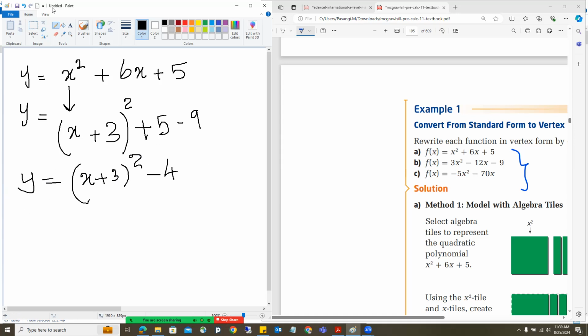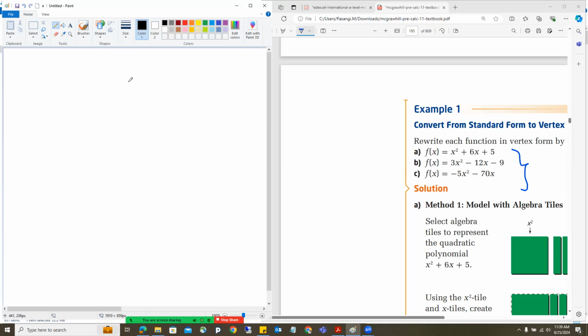Then the second one, I'll take a new paint and show you. The second one is y; I'll just replace f(x) with y. y is equal to 3x squared minus 12x minus 9.